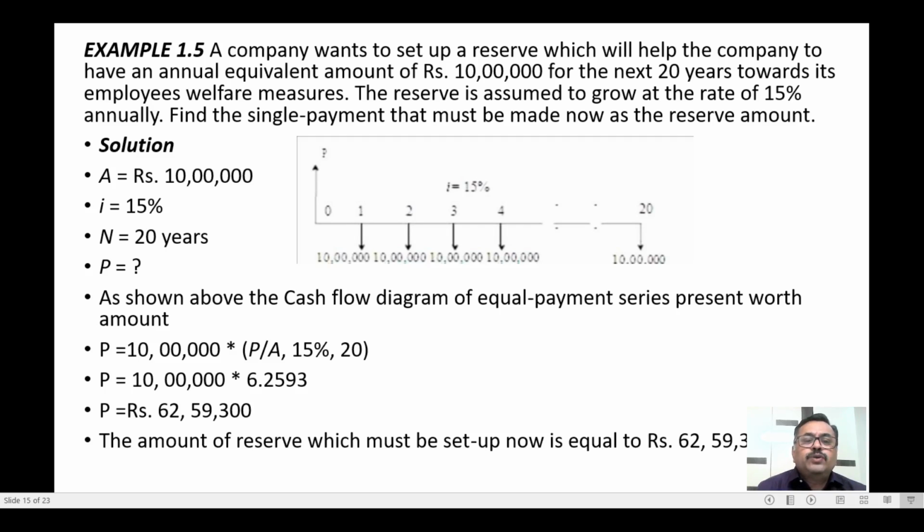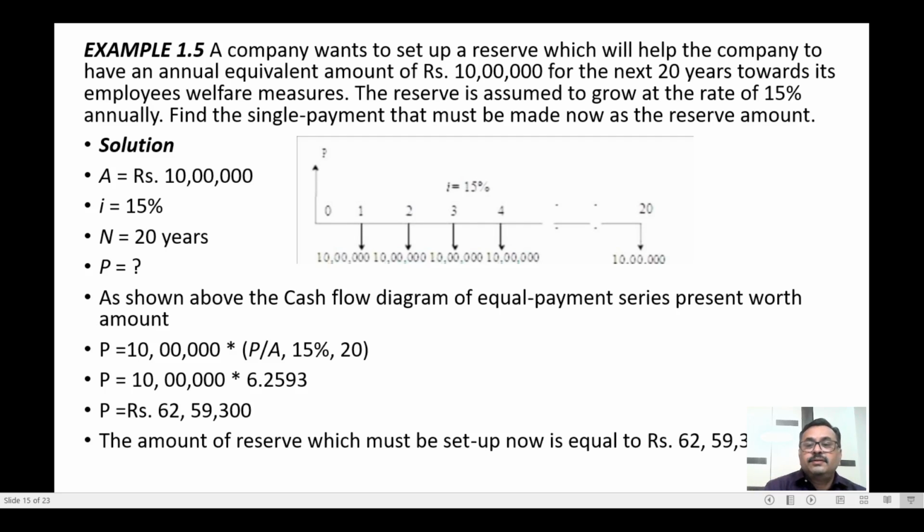6.259 can be taken, and that is multiplied with 10 lakh rupees. You will get 62,59,300 rupees that you have to keep in a bank. Presently, if you keep an amount of 62,59,300 rupees in the bank, it will give you 10 lakh rupees every year for the next 20 years with an interest rate of 15%.